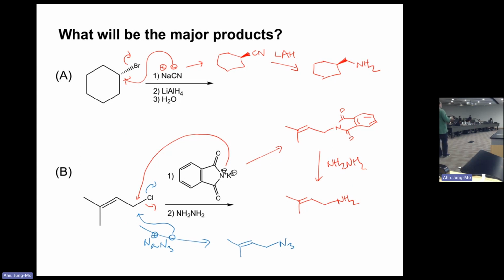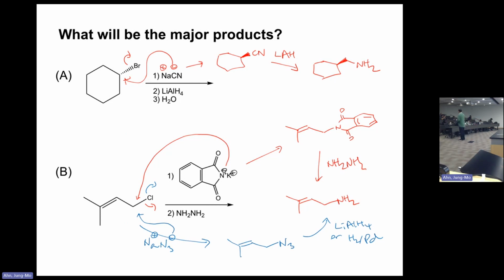Sodium azide is a really good nucleophile that makes an attack by SN2 reaction, and you get an azide. But azide can be reduced to amine by lithium aluminum hydride. Hydrogenation can be used too.